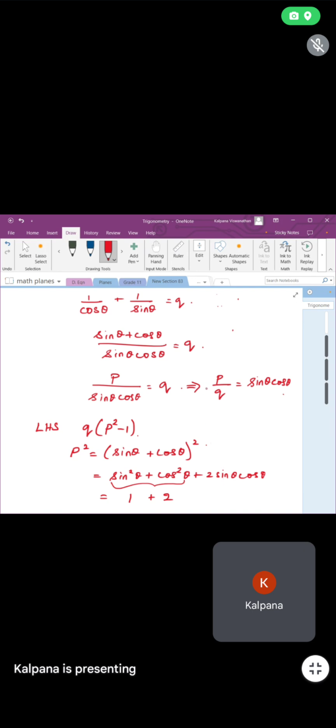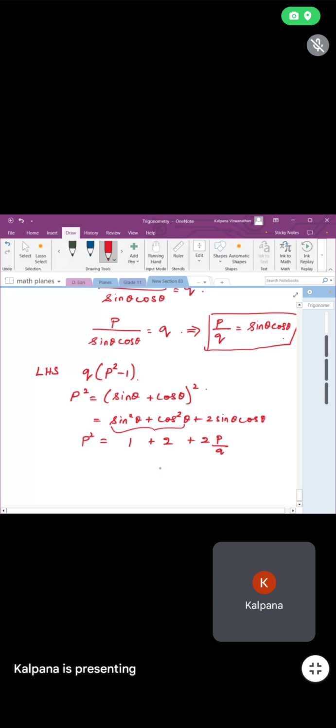We found what sin theta cos theta is, P by Q. So P square is 1 plus 2 P by Q. Now take the negative sign and the 1 to the other side. P square minus 1 is equal to 2P by Q.